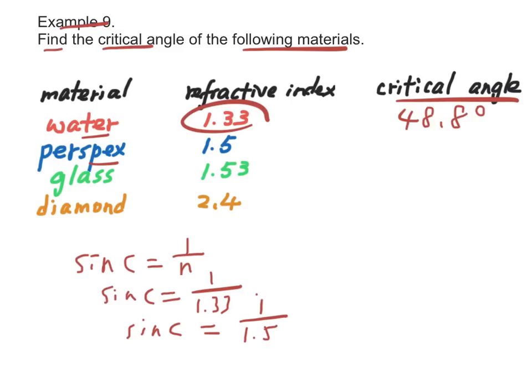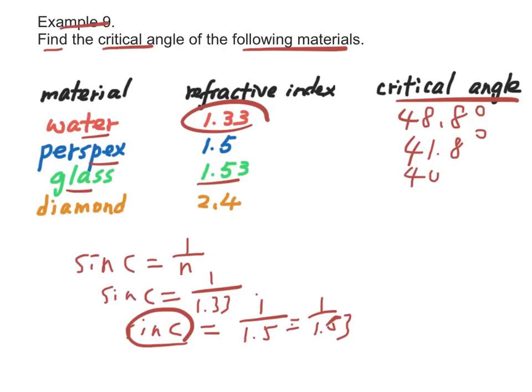Therefore, the critical angle of Perspex equals 41.8 degrees. Similarly, the refractive index for glass is 1.53. Therefore, sine C equals 1 over 1.53. The critical angle of glass is 40.8 degrees. For diamond, sine C equals 1 over 2.42. Therefore, the critical angle for diamond equals 24.6 degrees.